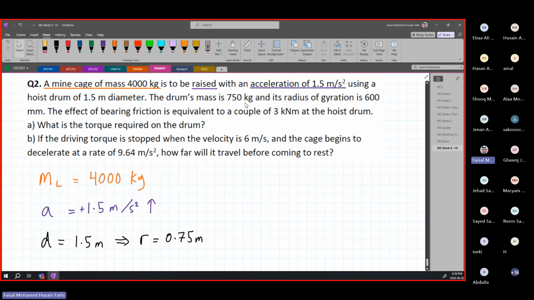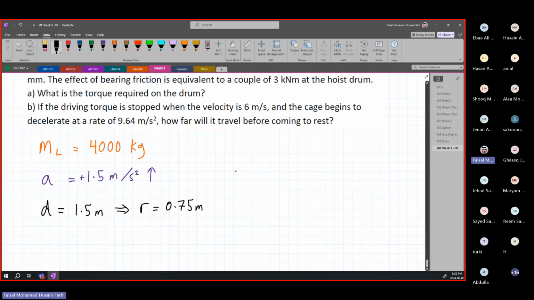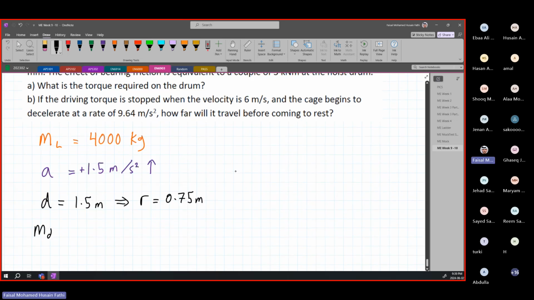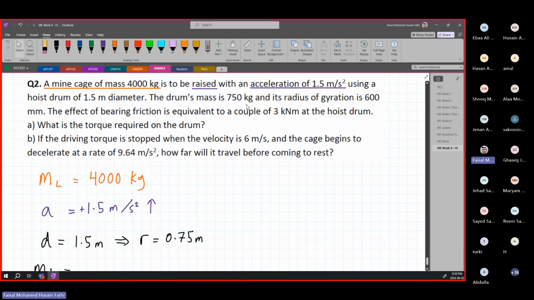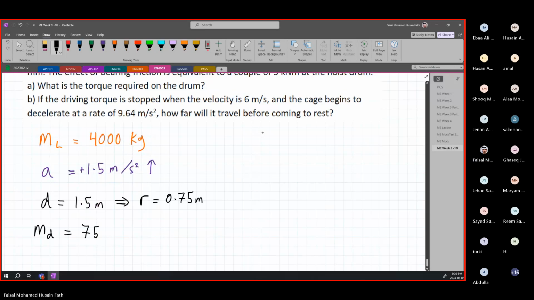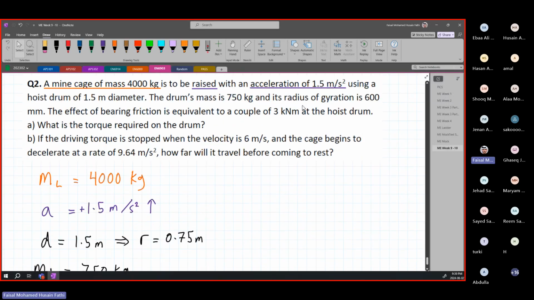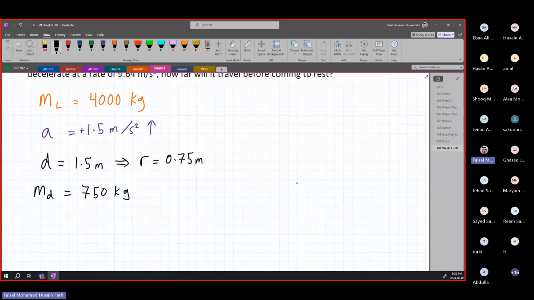The drum's mass is 750 kilograms. So m_drum is 750 kilograms. And this is the mass of the drum. And its radius of gyration is 600 millimeters, which is our K. K is 600 millimeters.